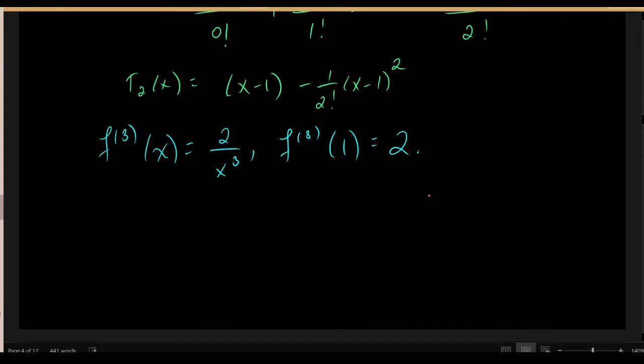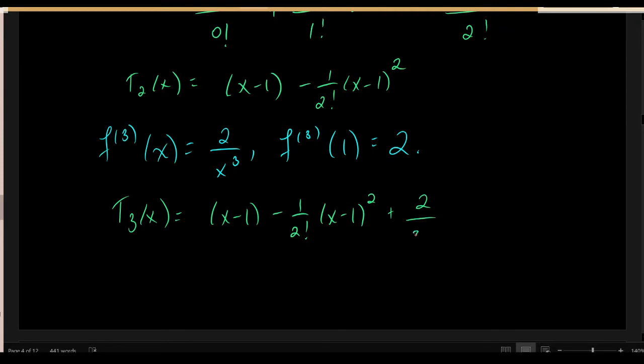So now let's evaluate our third degree Taylor polynomial. Plus the 1 extra term corresponding to now a power of 3, where we have the third derivative with the center plugged in, divided by 3 factorial, x minus 1 to the third power.